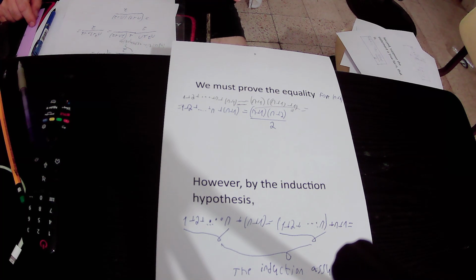That is actually n plus 1 multiplied by n plus 2 divided by 2. Okay?